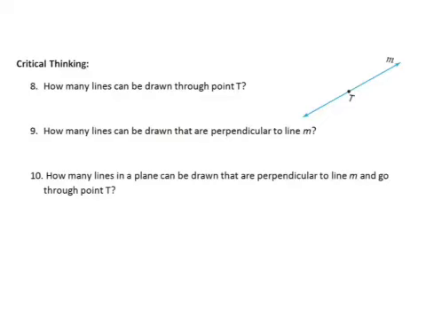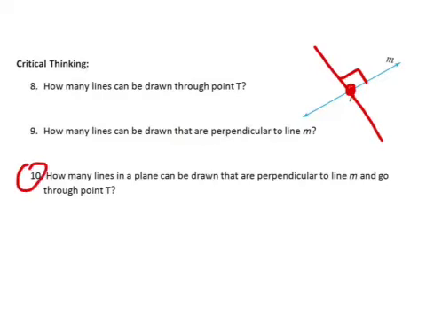Well, we know that we could have one line going this way to create a 90-degree angle. We could also have, in a different plane, one line cutting through, sort of like a dart, going through, perpendicular to this.